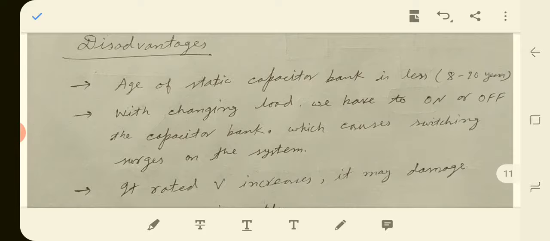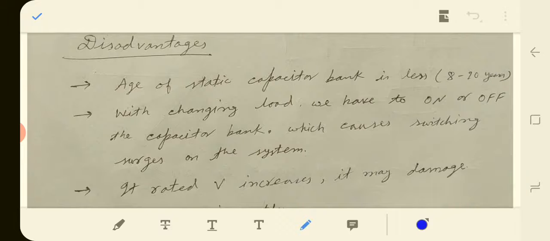As the load changes, we have to switch on the capacitor as per the requirement of the load, and we have to switch it off as per the requirement of the load. This may change the current value, and due to this switching surges will occur.